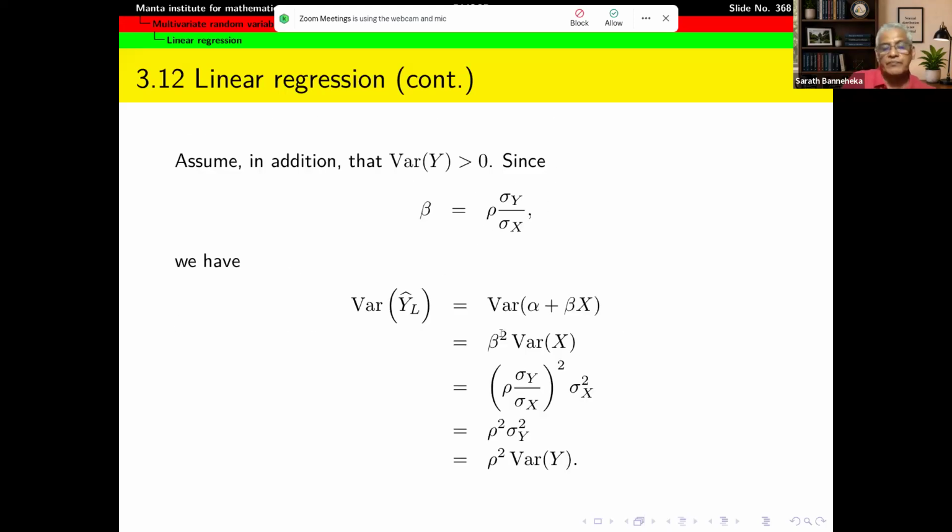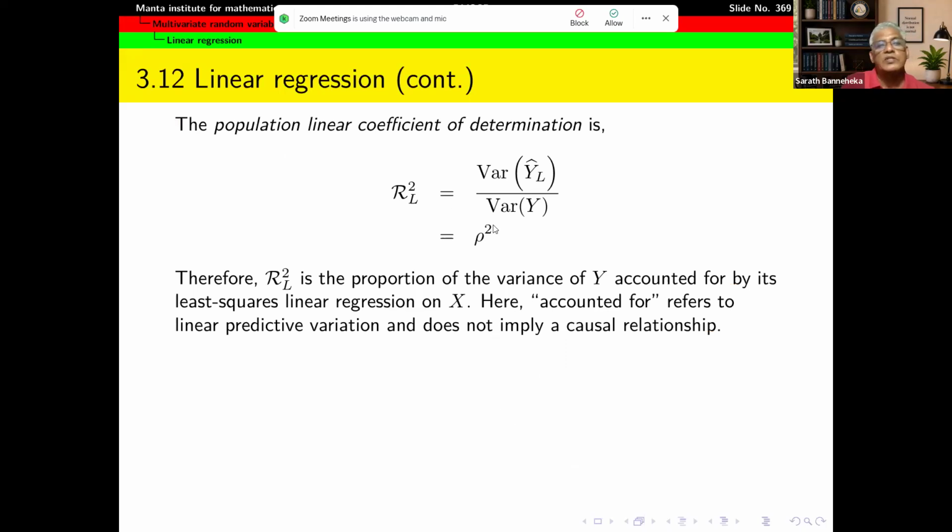Now, let's look at this quantity, variance of y hat divided by variance of y. Remember, I told you that variance of y hat is always going to be smaller than variance of y. So therefore, this ratio is always going to be between 0 and 1.